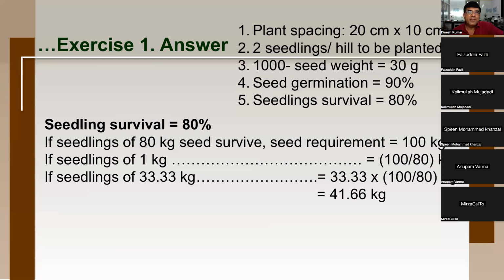So you can repeat these exercises in other crops, for any crop, because in no crop will you find 100% germination or 100% survival of the seedlings. So this is an important exercise on calculating the seed rate based upon germination percent and survival of the seedling.